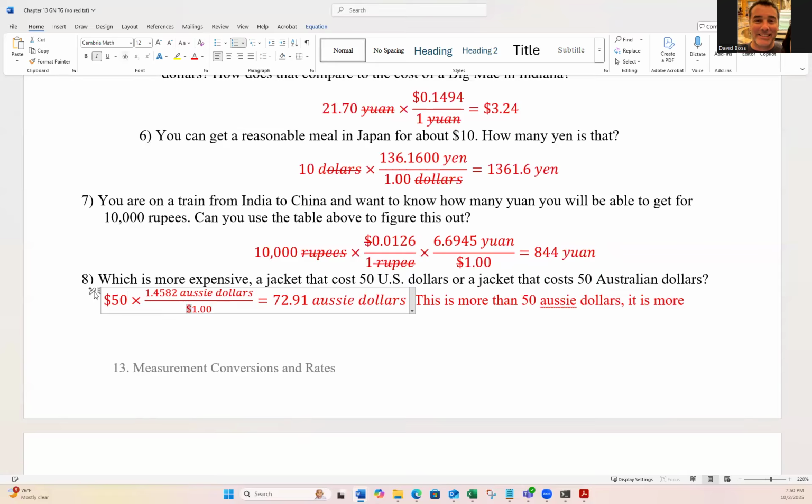So these cancel out, which leaves us with 50 times 1.4582 Aussie dollars. Aussie dollars is what we want at the end. So it's 72.91 Aussie dollars. This is more than the 50 US dollars.